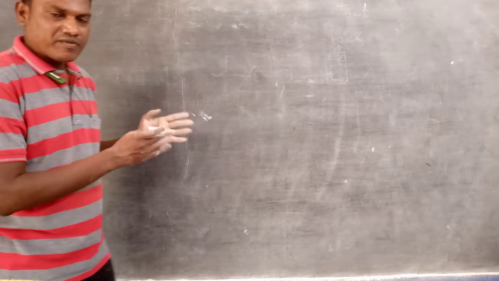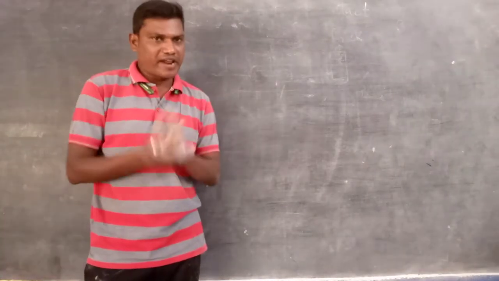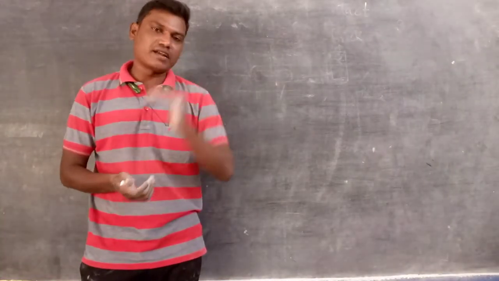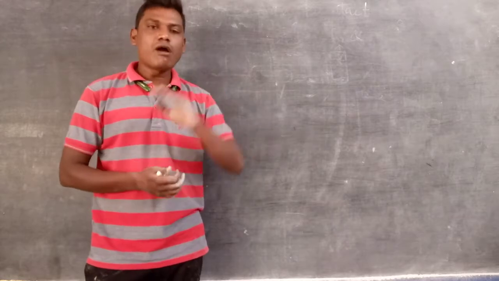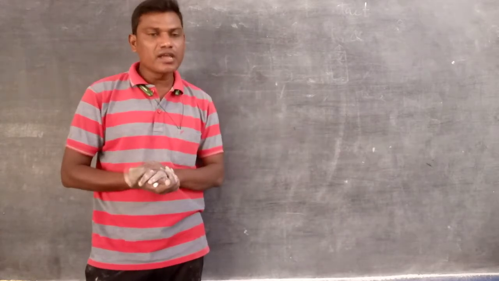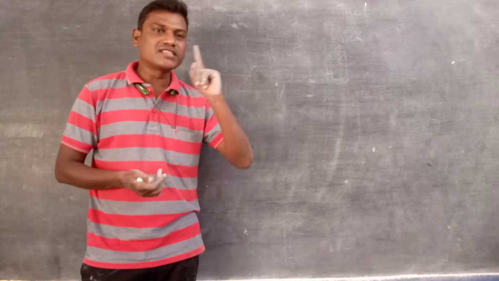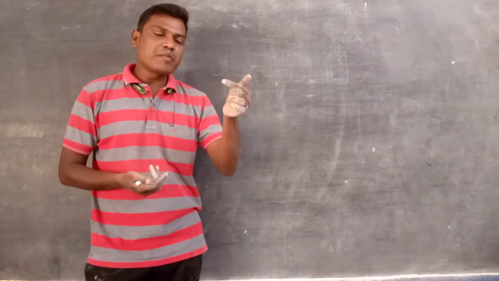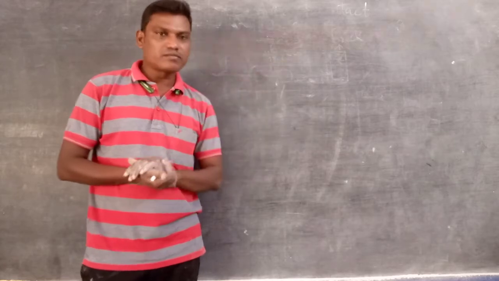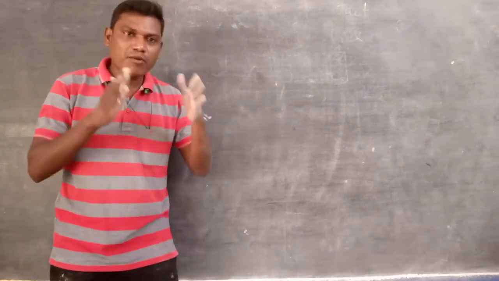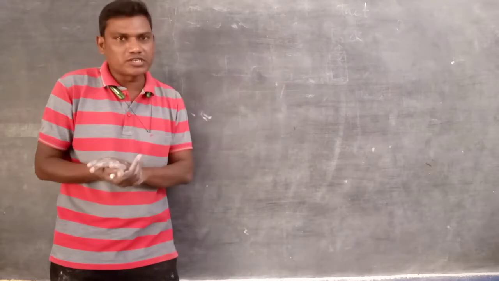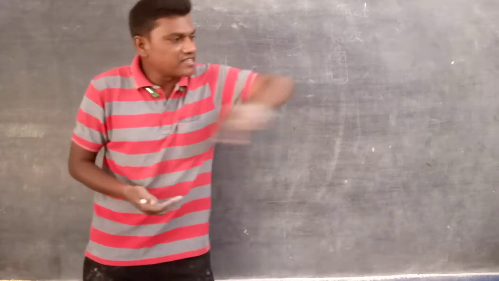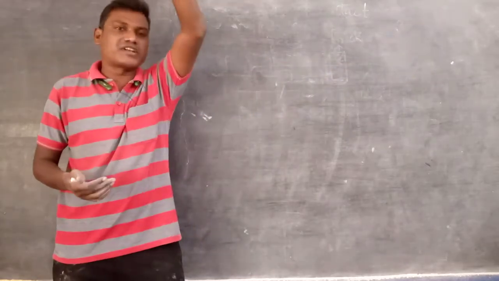So, in our previous video, I clearly explained what is momentum or linear momentum. How many types of momentum are there? Two types: one is linear, another one is angular. Linear momentum is also called momentum. Why? Because when a body moves in one-dimensional motion, either horizontal or only vertical, it has some momentum.